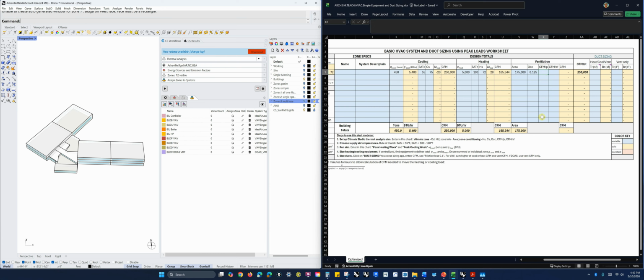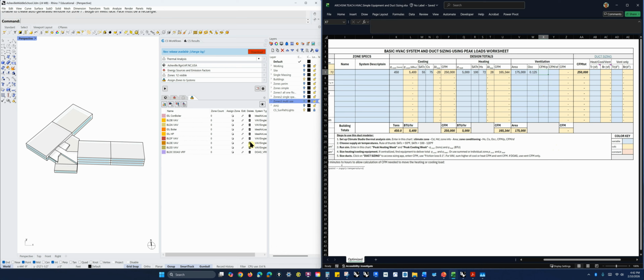Then we have to decide. So this is how many people we have per square foot, and you can just go ahead and use that number. Then we have to know the ventilation rates based on the space type we've got.